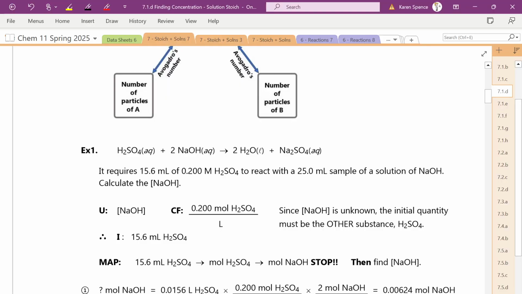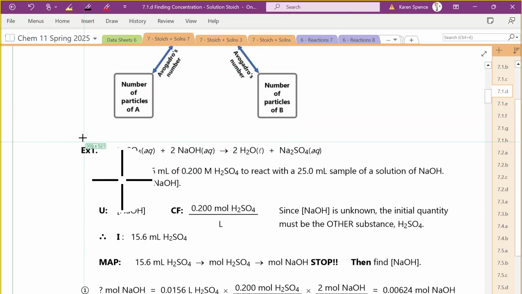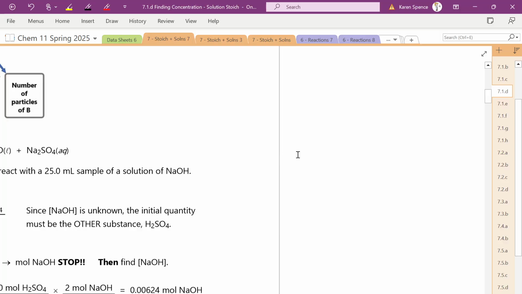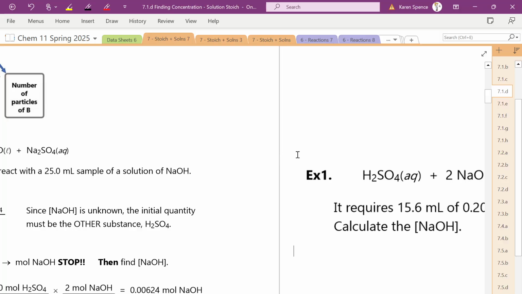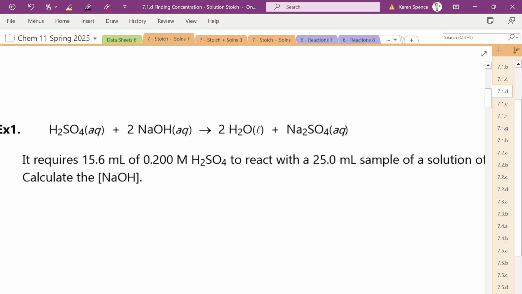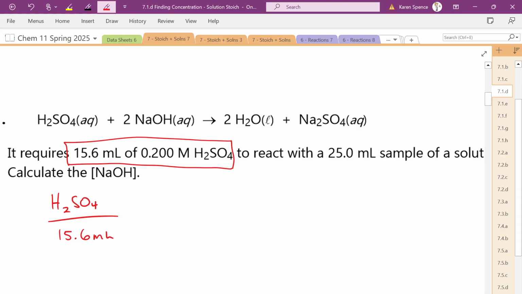Let's just jump right into a lovely example. What I might do is organize myself by saying I have information about H2SO4. And I am told that I have 15.6 milliliters of H2SO4.